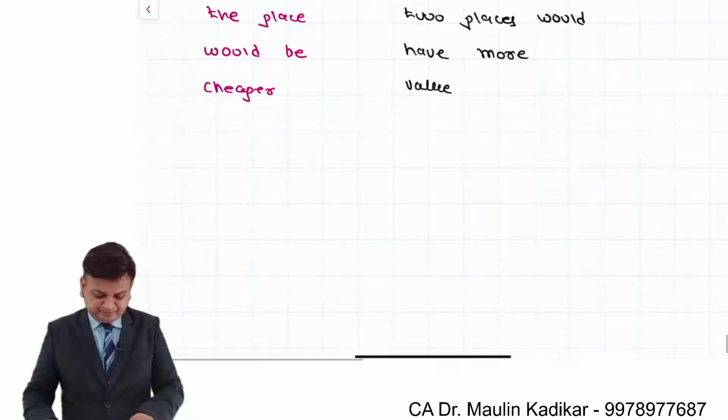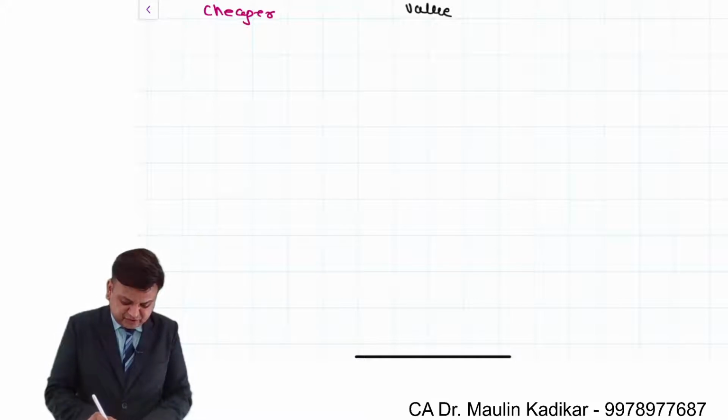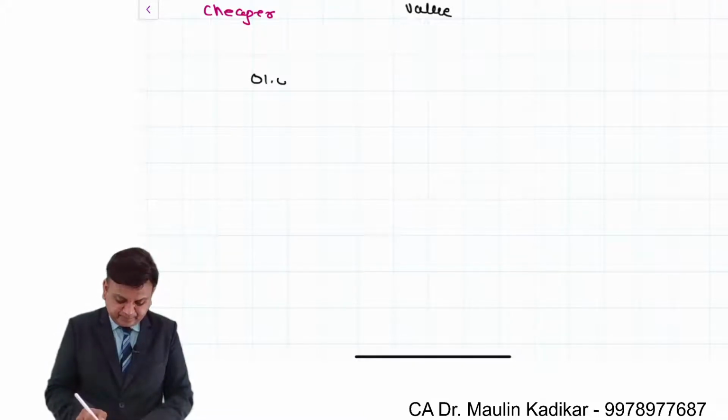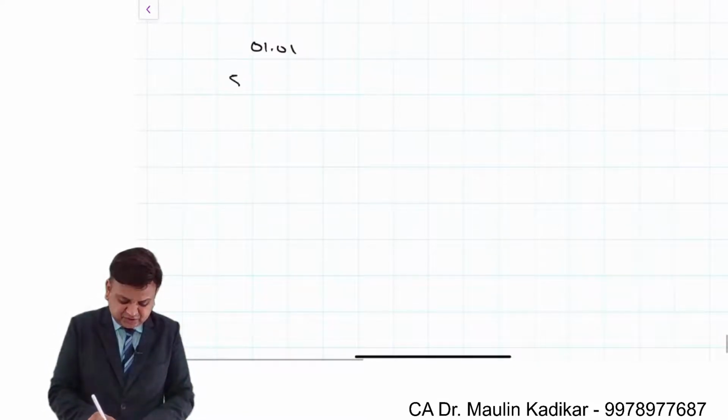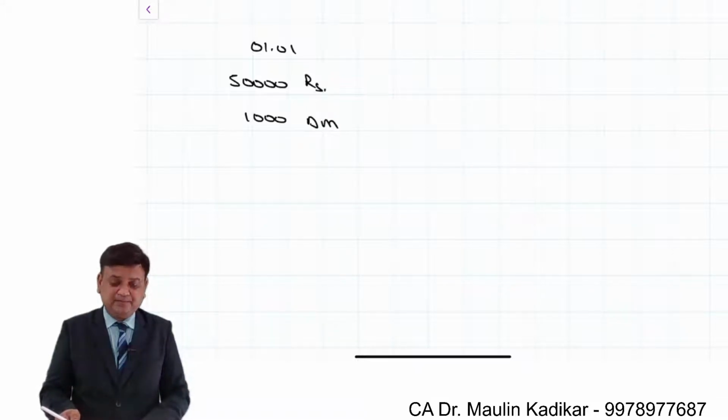Going further, today's date is, let us say, 1st of January, where the price is 50,000 rupees in India for a commodity and 1000 Dutch mark in Germany.